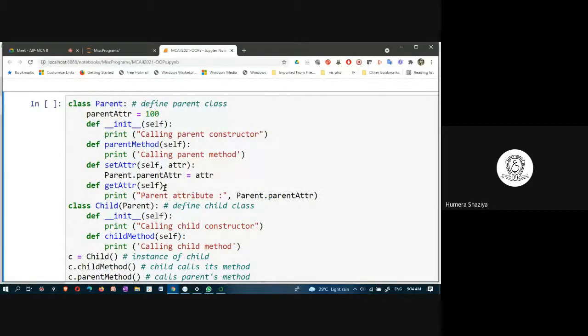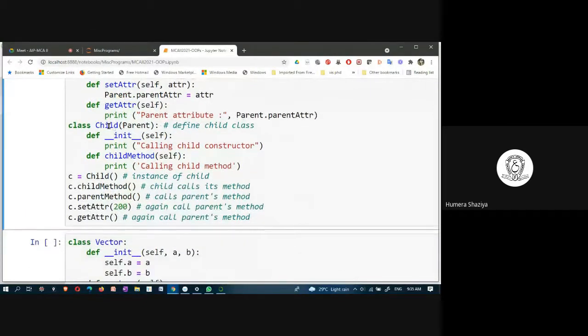And here, this cell implements the inheritance concept, where there is a class Parent and there are functions belonging to Parent. There is a Child class and there are functions belonging to the Child class.